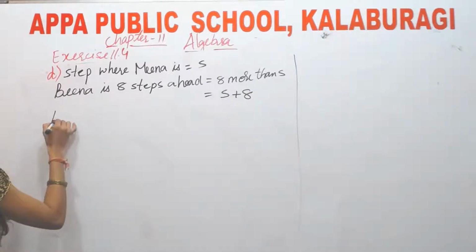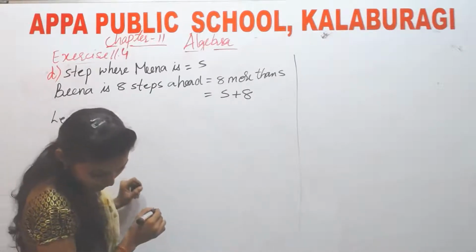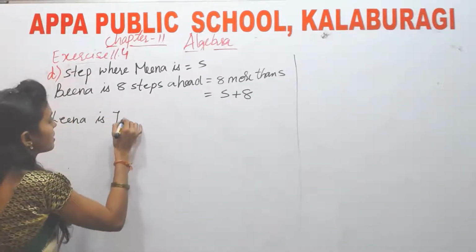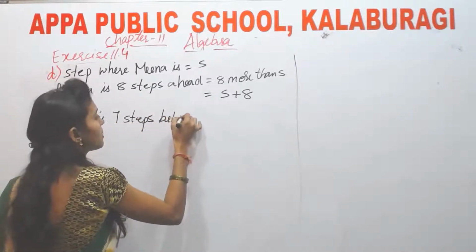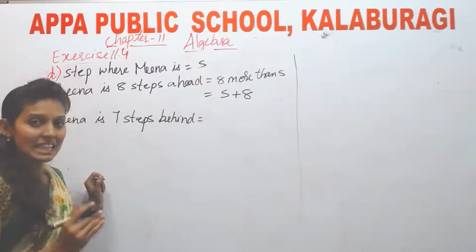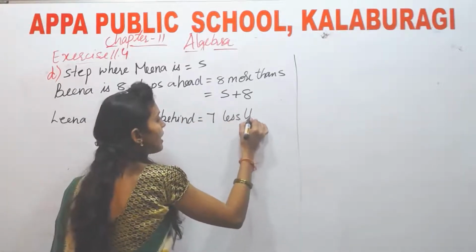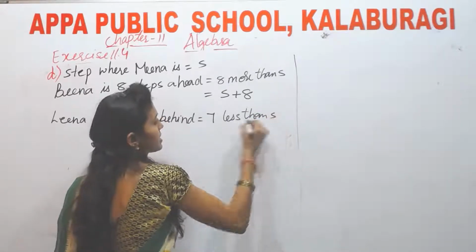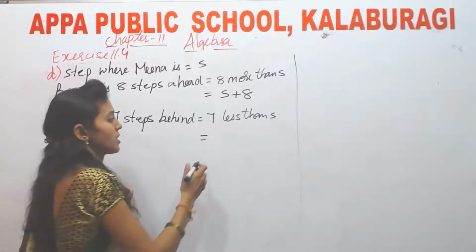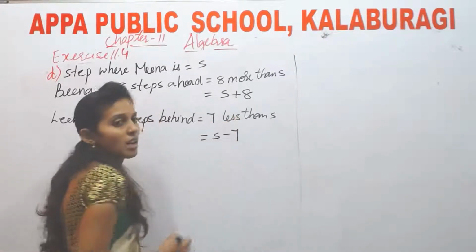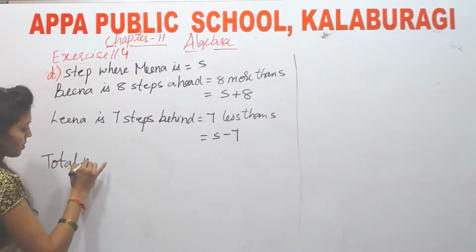Then Leena is 7 steps behind. Behind is nothing but less. 7 less than s. So 7 should be subtracted from s. So s minus 7.